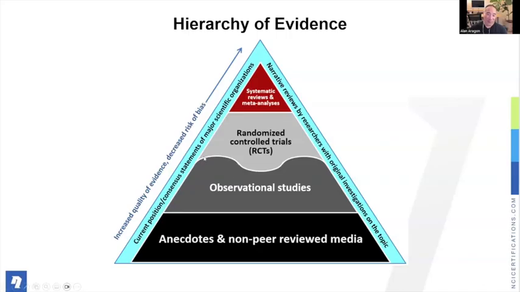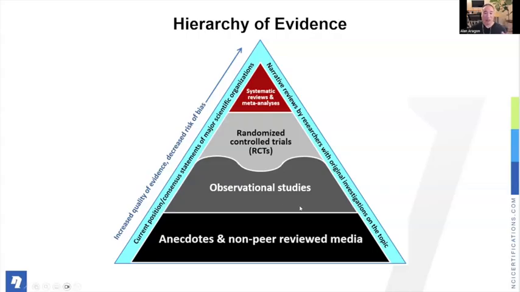Now, if we go a level up, now we're looking at peer reviewed research. So the next level up is observational studies. The reason why observational studies are below randomized controlled trials is because true experimental research, like randomized controlled trials, that's the only type of research that can reliably establish cause and effect relationships between variables.